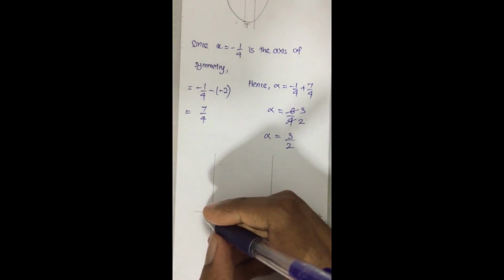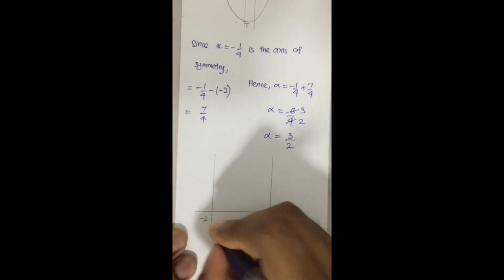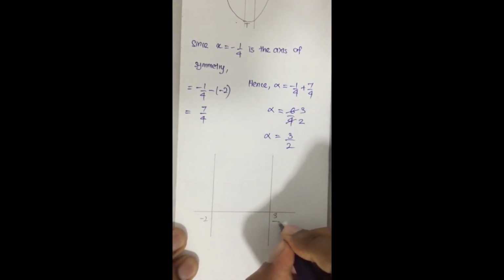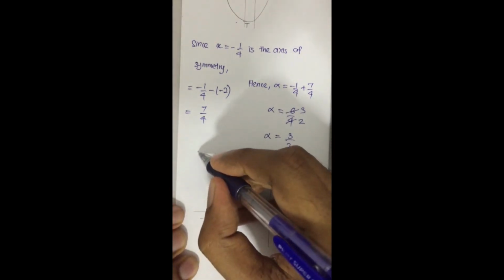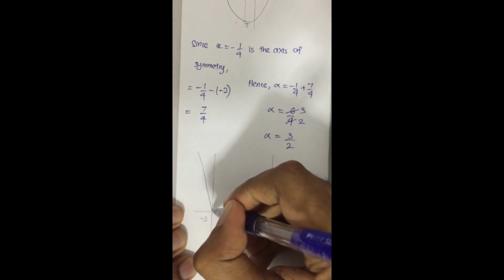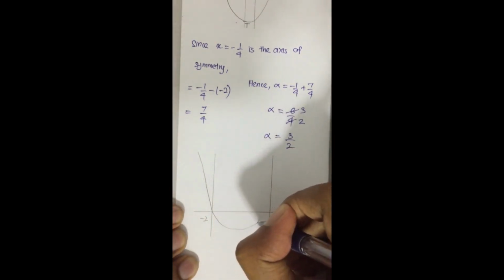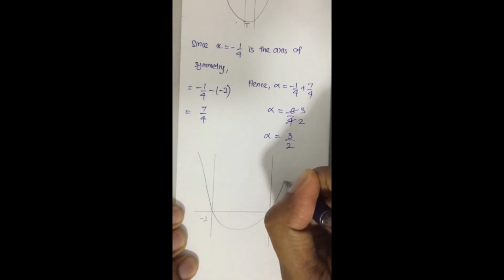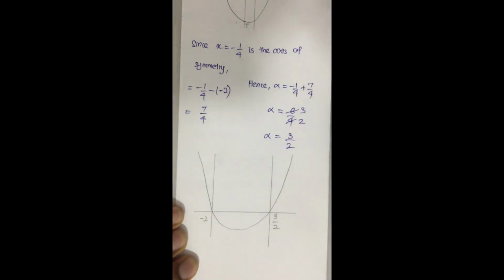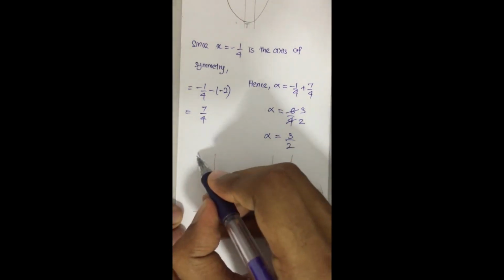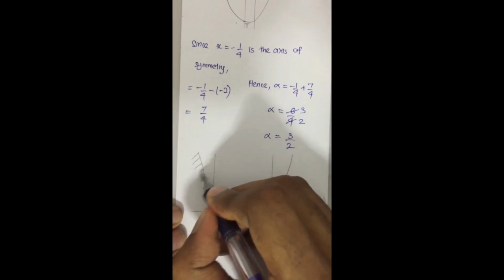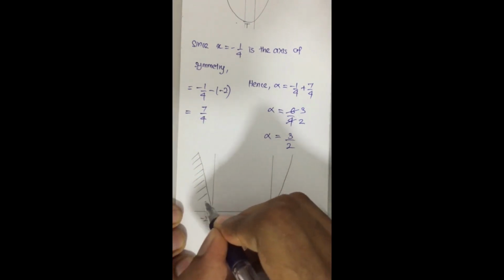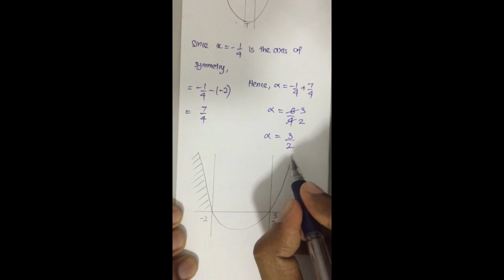Your first root here is negative 2 and your second root is 3/2. This is your basic quadratic graph. Since we want the range f(x) > 0, you shade the region outside.